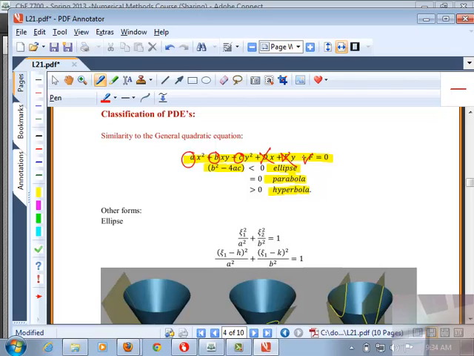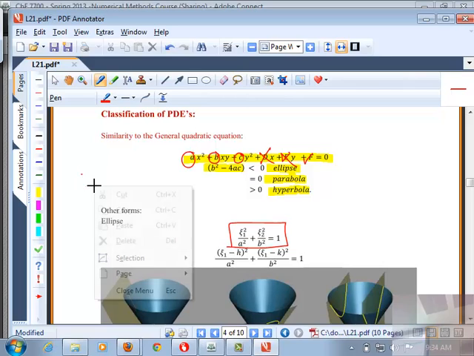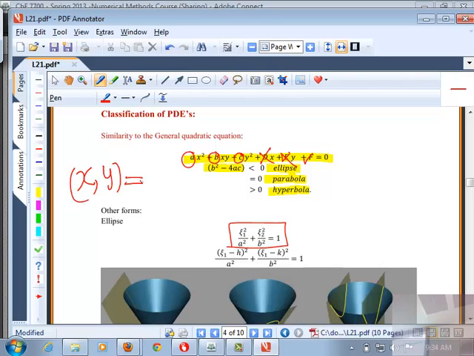In that new coordinate system, the same equation can be expressed by simply getting rid of these terms. Does anybody remember what kind of coordinate transformation that would be? You will see it later on. The eigenvalues and the eigenvectors of a certain matrix will give you the coordinate transformation.